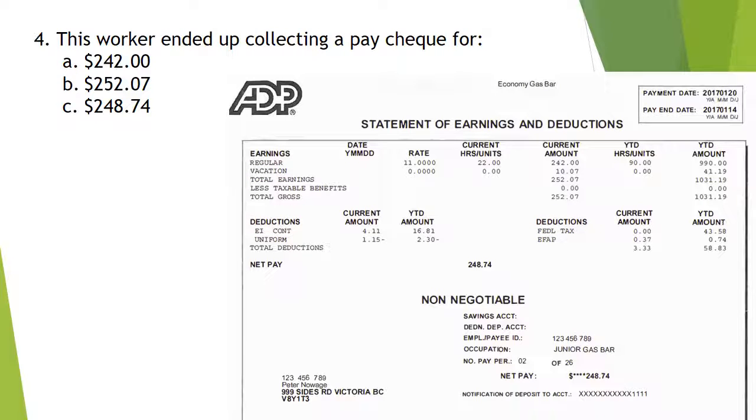We can find out how much the paycheck's value is down here under net pay. So the worker collected from this paycheck $248.74.